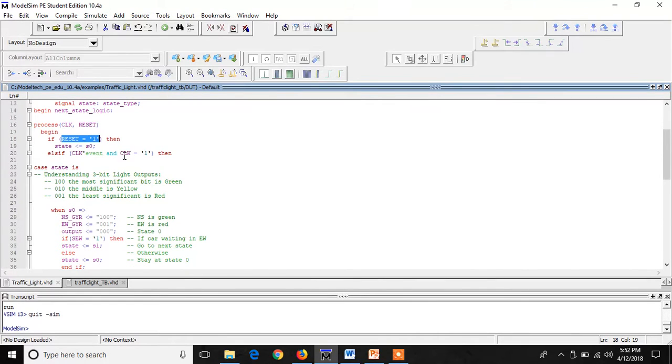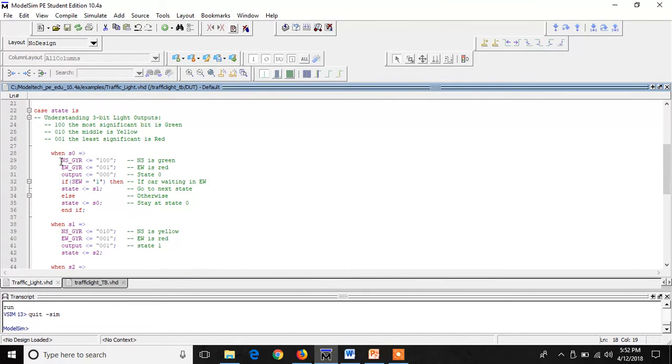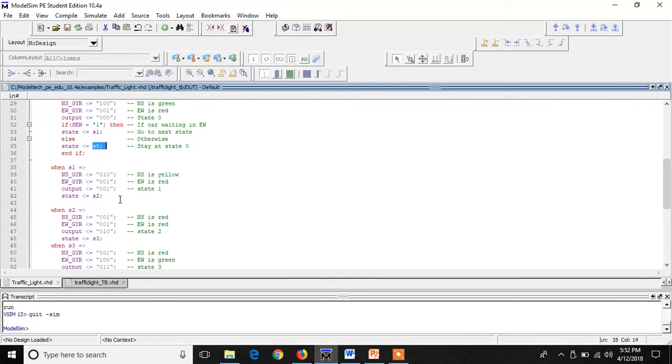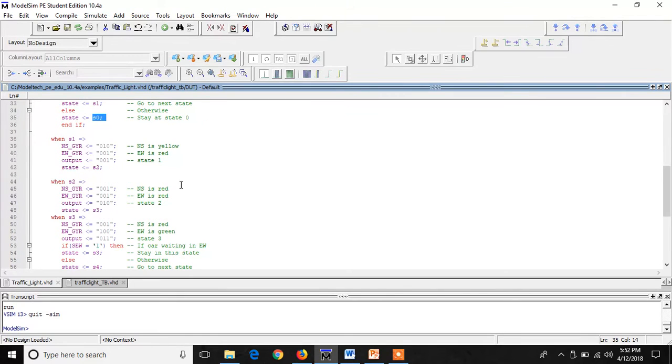And otherwise, if there is a rising clock edge, when in state 0, north-south is green, east-west is red, and there's going to be an output that's going to tell us which state we're in. And if there's a car waiting in east-west direction, continue to the next state, otherwise stay here. And then state 1 is north-south is yellow, east-west is red, then continue.